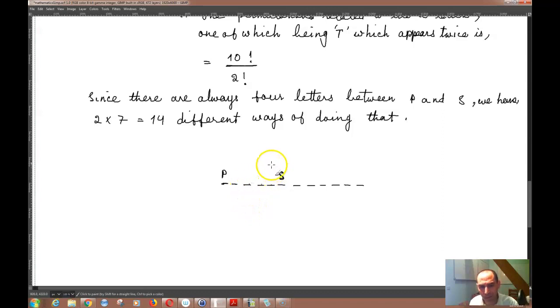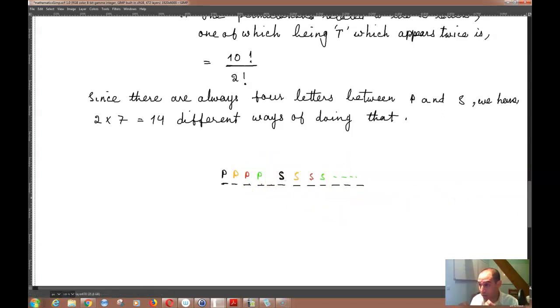Now what you can do is move these, but whatever you do, there has to be 4 letters between P and S. That means that your P can come over here, your S can come over here. Then your P can move to this place, S can move to this place, and so on and so forth.